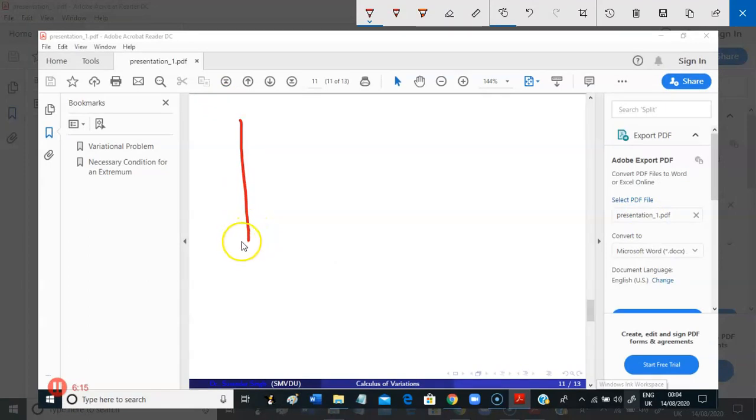Suppose you are having a two-dimensional curve over here, and the curve is like this, and you are representing this by y equal to y of x. Now suppose you want to find the length of arc between 2 points A and B, and this length of arc is very small, delta s.